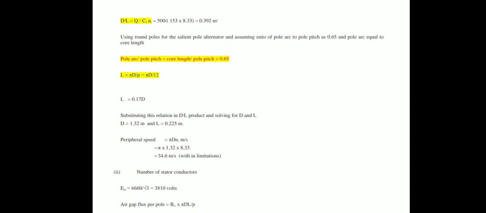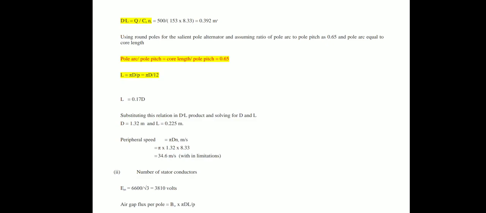L is equal to 0.65 pi D by p, which is pi D by 12. Hence L is equal to 0.17 D. Now substituting this relation in the d square L product and solving for capital D and capital L, which are the main dimensions of the machine, D is equal to 1.32 meter and L is equal to 0.225 meter.